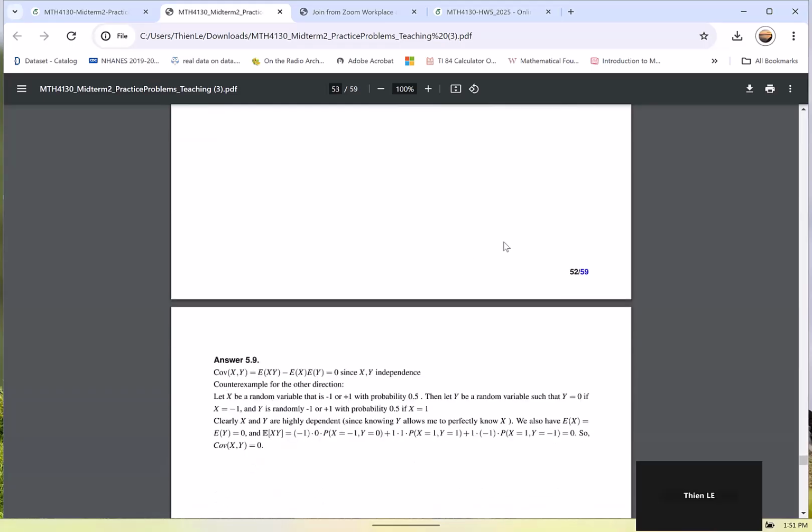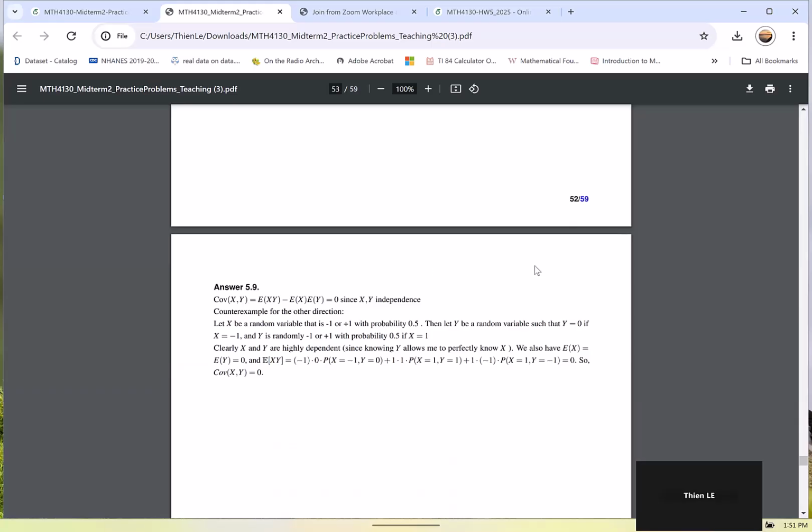An effective way to do that is to give a counterexample, okay? Say we consider X a random variable that takes either -1 or 1 with equal probability, just like tossing a coin: -1 for head, 1 for tail.